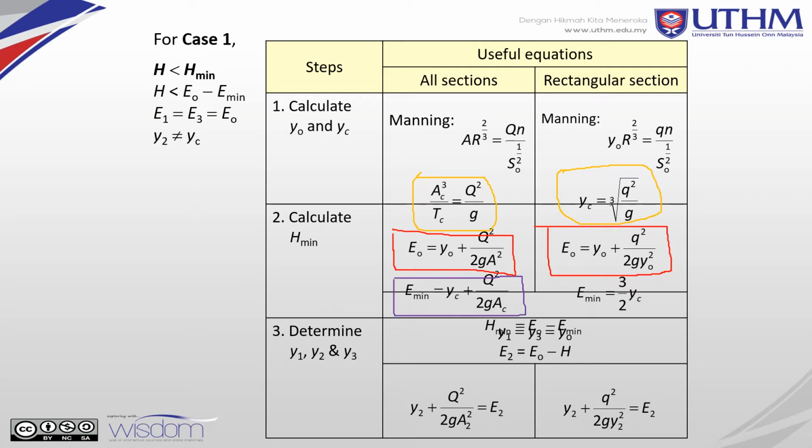All these equations will be given, so no need to worry, you just must know how to use them in all sections or in rectangular sections. When you determine Y1, Y2, and Y3, you use this equation. This is for the all section, this is for the rectangular section.